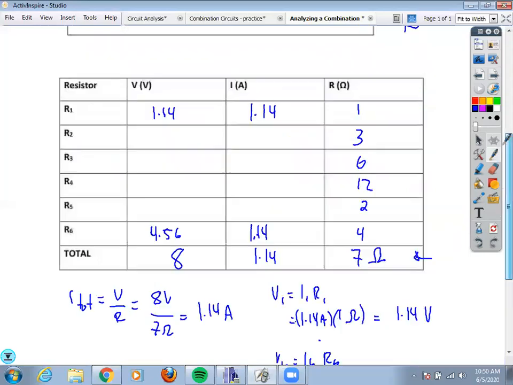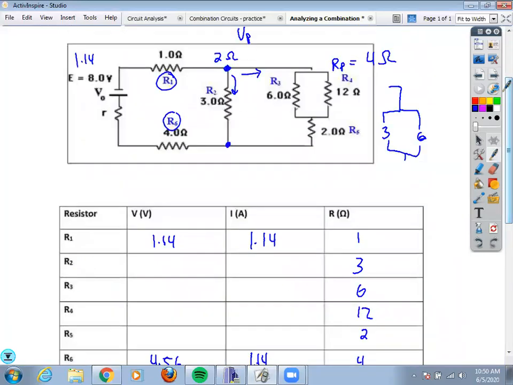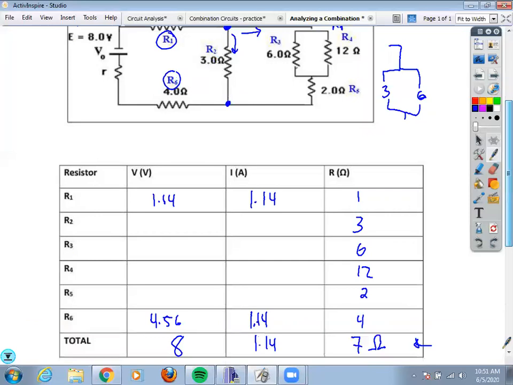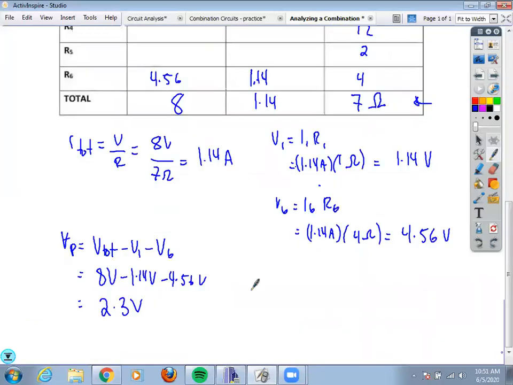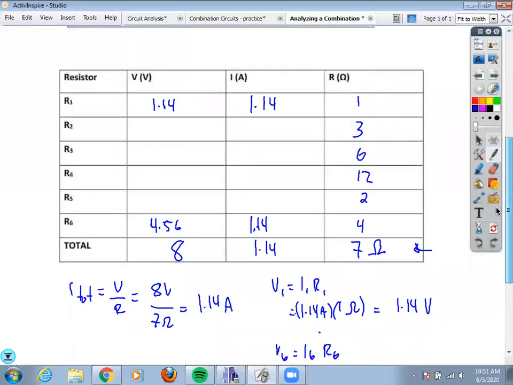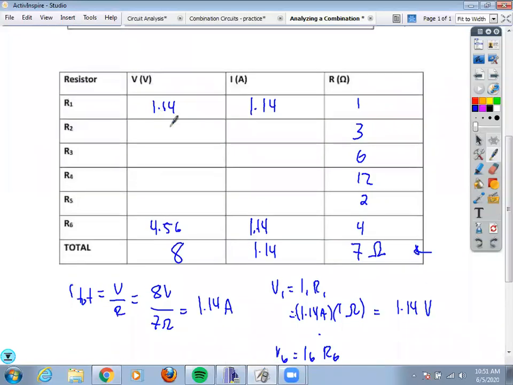Okay, so in this parallel, each side, left and right, drops 2.3 volts. So on the left side, R2 is the only resistor, so V2 must equal V parallel, which is 2.3 volts. So V2 would be 2.3 volts.